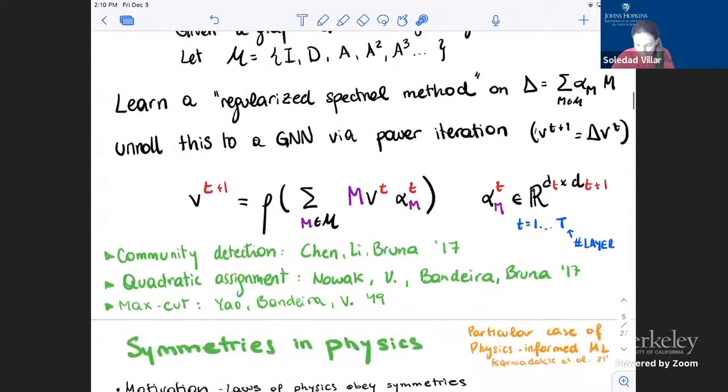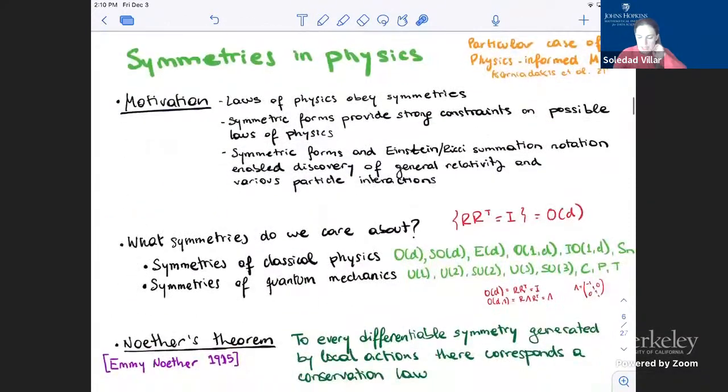And in this talk, I'm going to discuss other forms of equivariance that are not necessarily equivariance with respect to permutations, but other groups, like some of the groups that Max Welling was describing earlier, like the orthogonal group, the Euclidean group, which also includes translations and rotations, etc. And this is a particular case of physics-informed machine learning, where one wants to incorporate the physical constraints that the laws of physics obey in order to make predictions.